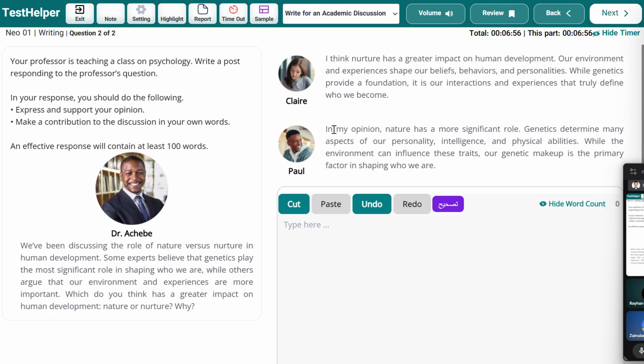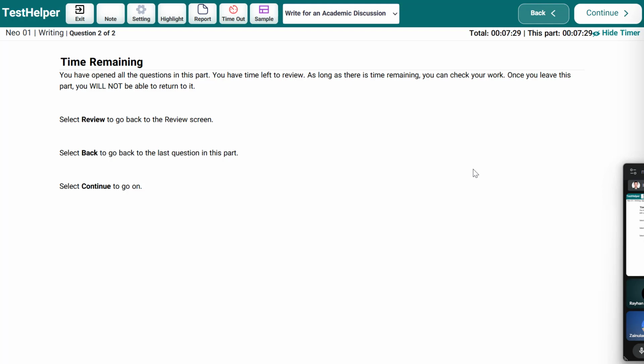And Paul says, in my opinion, nature has a more significant role. Genetics determine many aspects of our personality, intelligence, and physical abilities. While the environment can influence these traits, our genetic makeup is the primary factor in shaping who we are. This is Paul's idea. So overall, it is the academic discussion task. And when you click to the next one, it will be submitted.